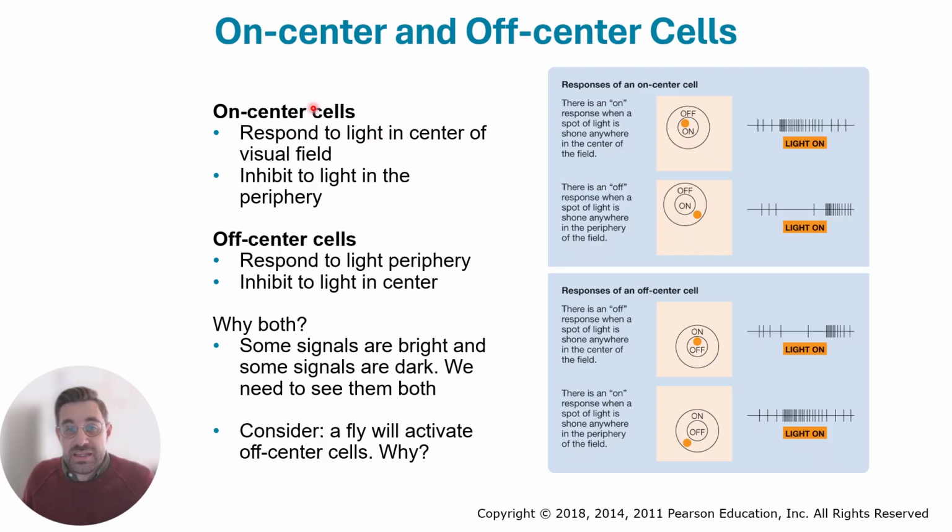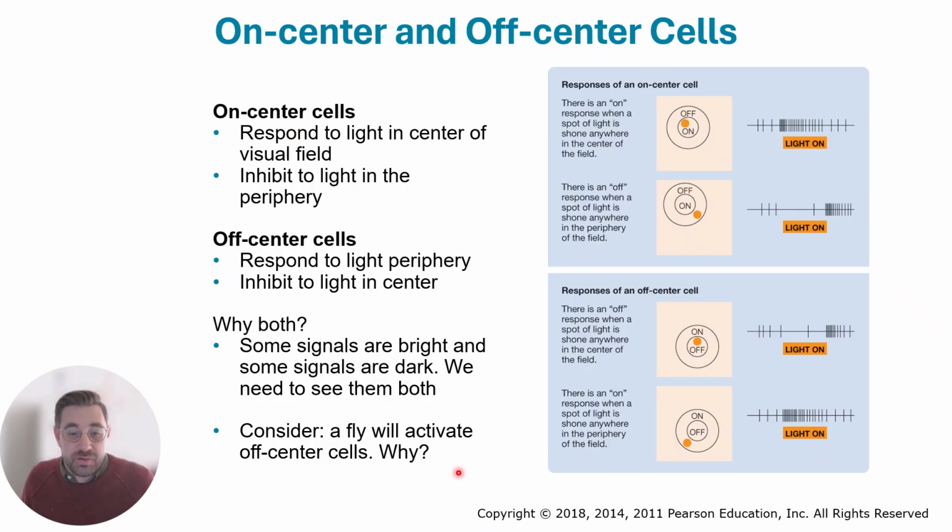So reading these dark letters requires off-center cells, so that when I focus on the letter S, I'm getting firing because there's a surround that's bright and the inside is dark. These off-center cells are going to fire when I'm looking at these dark letters.